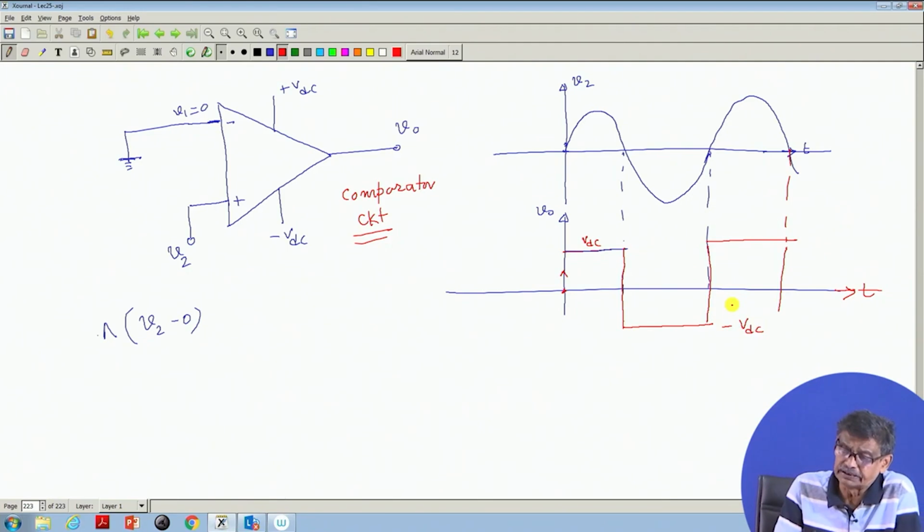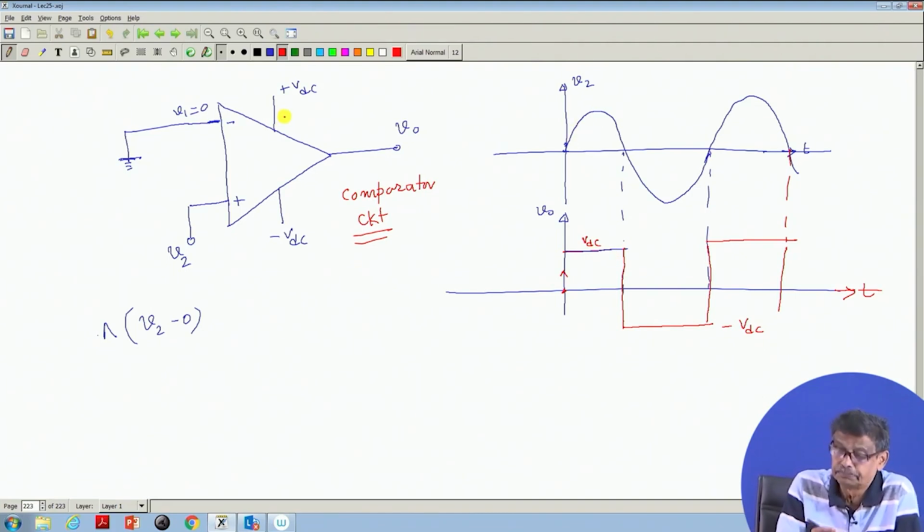So, in such operations, the op-amp will operate under saturated condition, and there is no point in trying to say that VDC by this V2 is your A. No, it is saturated.